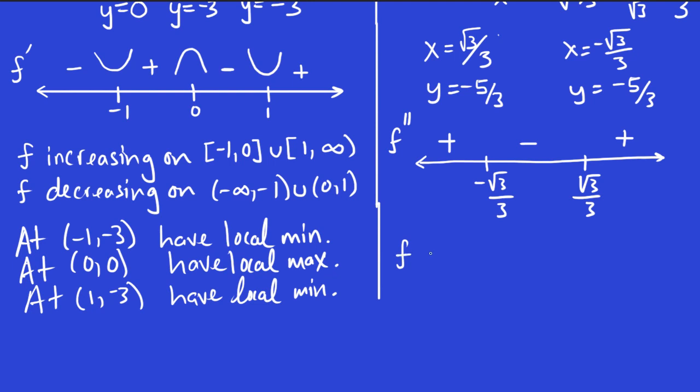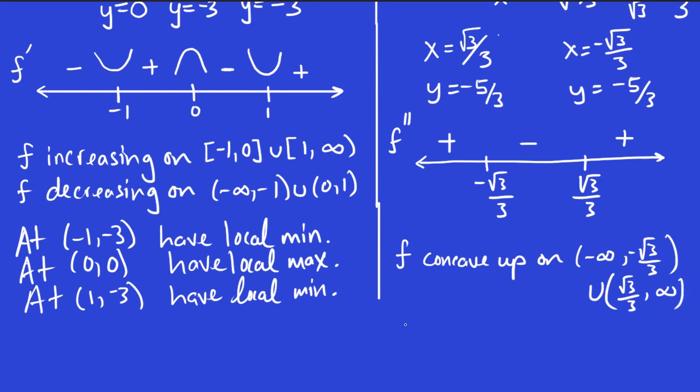So we can say f is concave up on, well, wherever there's a plus sign, right? So minus infinity to minus root 3 over 3 union root 3 over 3 to infinity. What about concave down? Well, from minus root 3 over 3 to root 3 over 3.